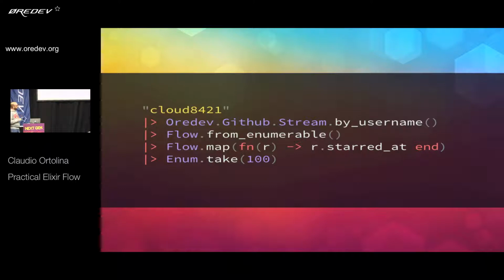Now, how does this get executed? Under the hood, the moment you start taking things out of it, instead of just doing everything in the calling process, so in a sequential fashion, Flow will put down an infrastructure of enough processes to do this work in parallel. The default settings tend to map nicely with the number of cores you have on your machine.